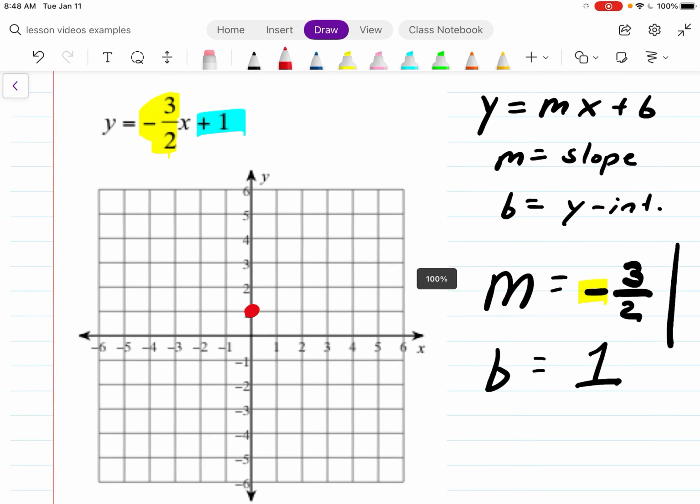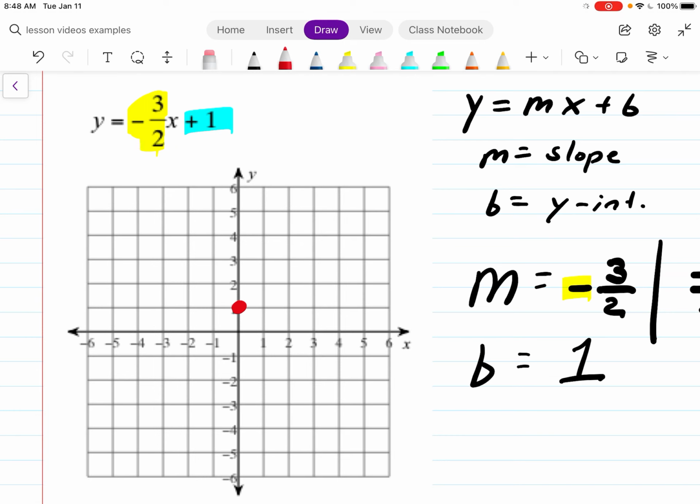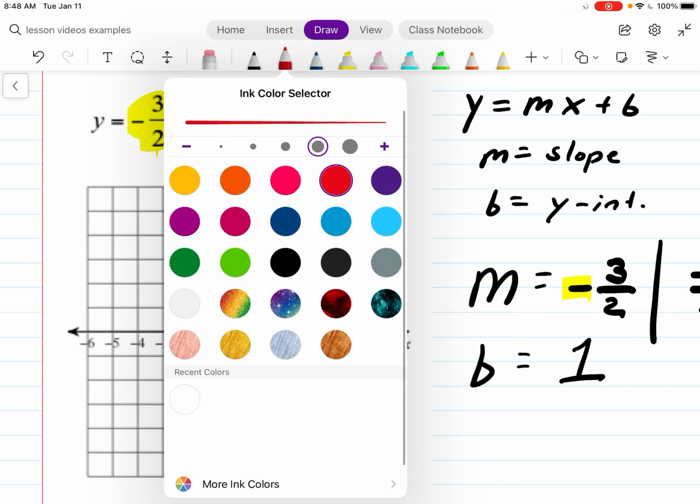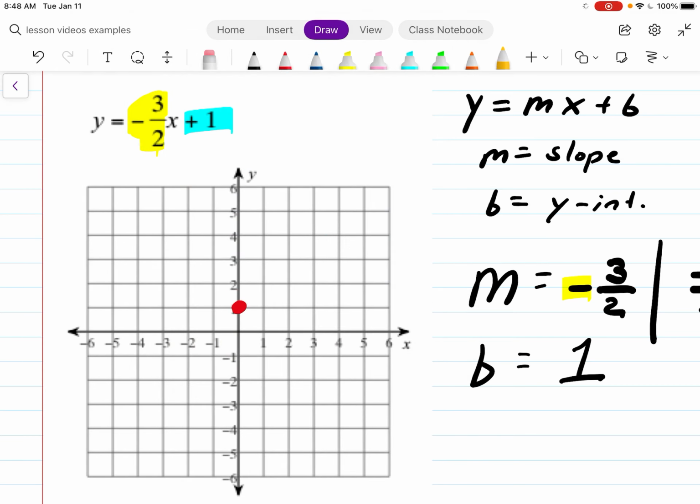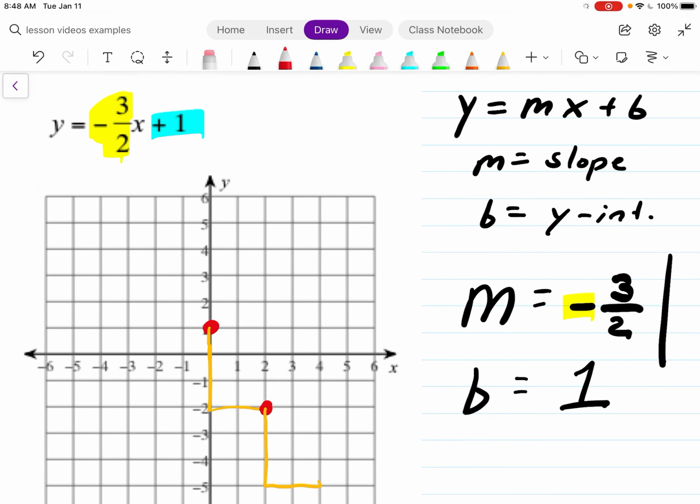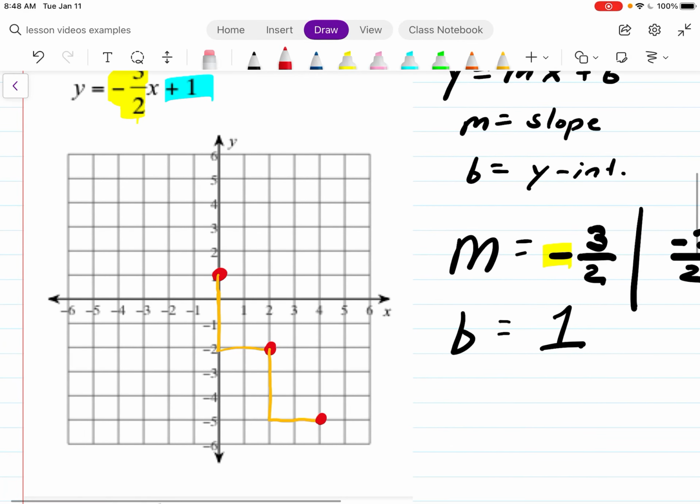But we do know with y equals negative 3 over 2x plus 1, our starting point will be positive 1. So we know that we're going down 3 units with this. From our starting point, we'll go down 3 units, 1, 2, 3, and right 2, 1, 2. And there's our next point. And if we wanted to, we could continue on. Down 3, 1, 2, 3, right 2. And you can even see as we do this, the line is starting to be represented on the graph.